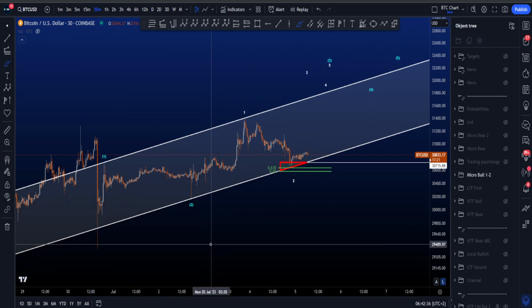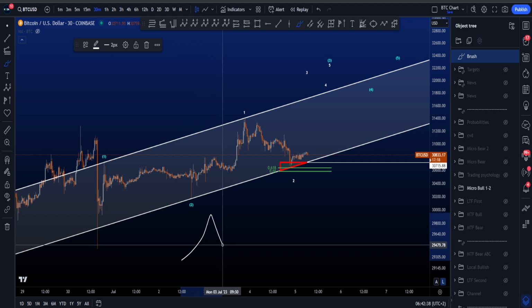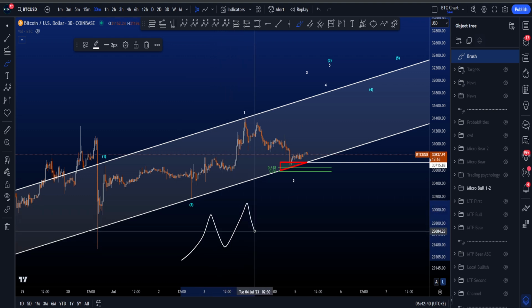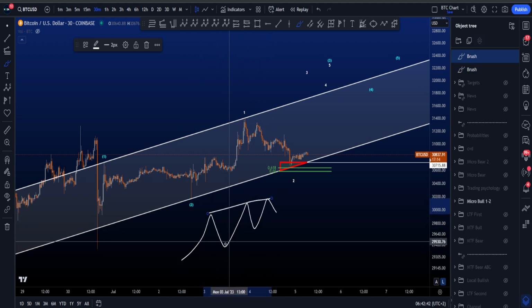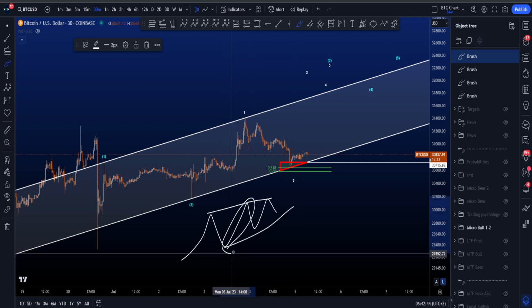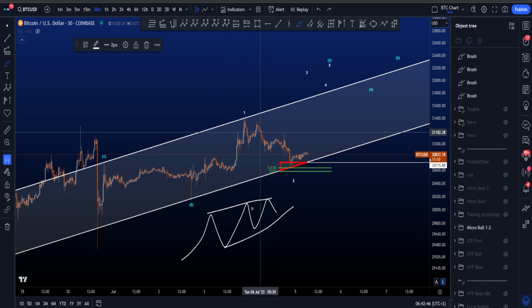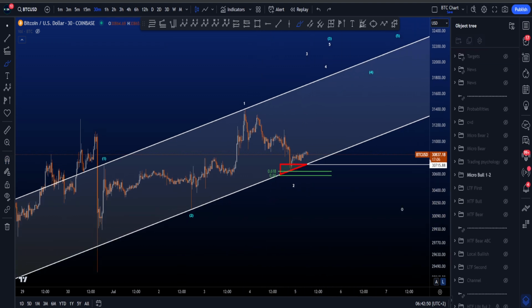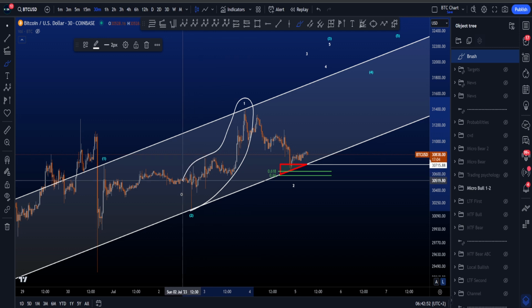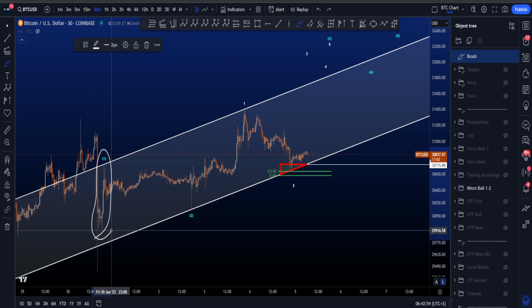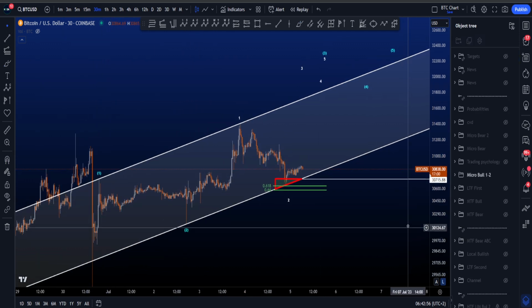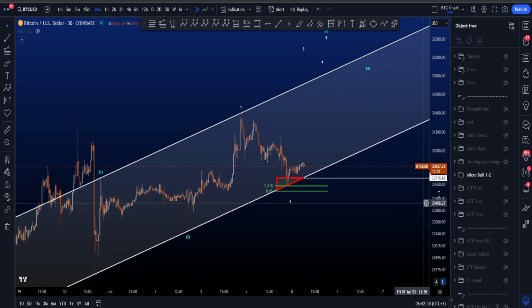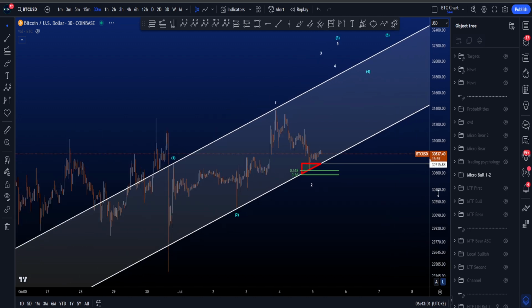Preferably in a triple 1-2 scenario or a double 1-2, you want to see a 1-2, 1-2, and then a third 1-2, creating a diagonal where each of the impulsive structures are going to be shorter in time, as well as the corrective structures. But that is not the case over here, right? This wave 1 is clearly longer than this wave 1. So also this one doesn't really look that great, but it is the only scenario for the bulls, but low probabilities at the moment.